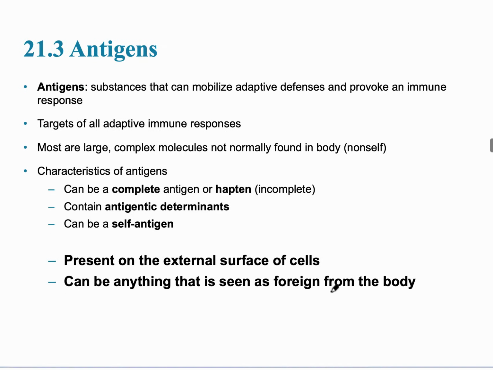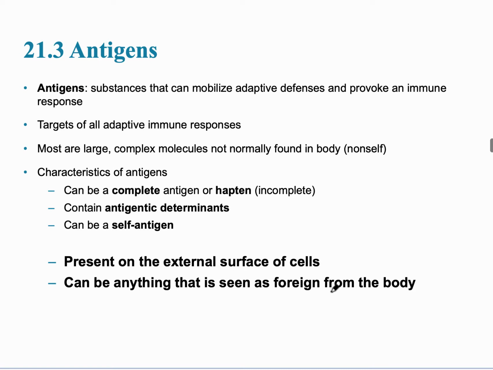So our next slide is on antigens. An antigen is a substance that mobilizes the adaptive defenses and provokes an immune response. So they're capable of triggering an immune response. Now the word antigen itself, if we break it into two parts, the first part, anti, refers to antibody, and the second part, gen, G-E-N, refers to generating.